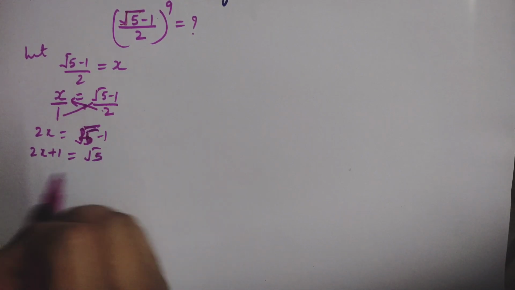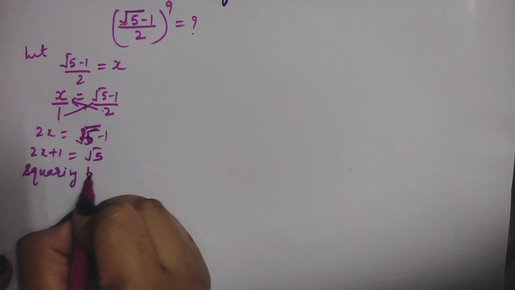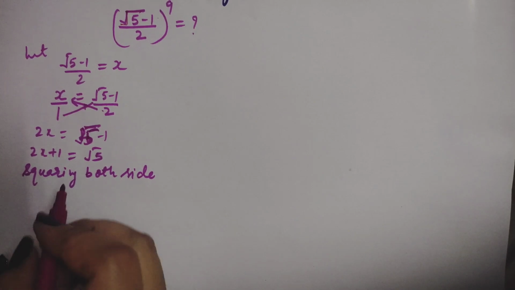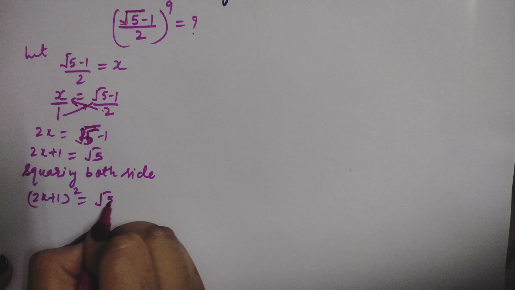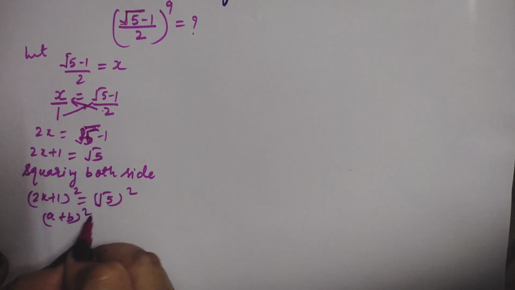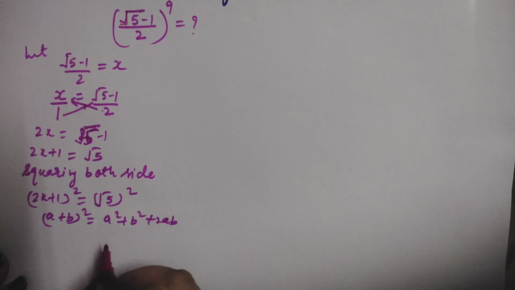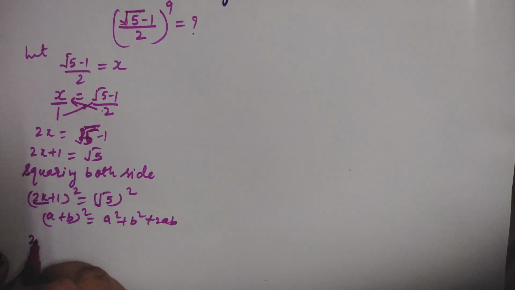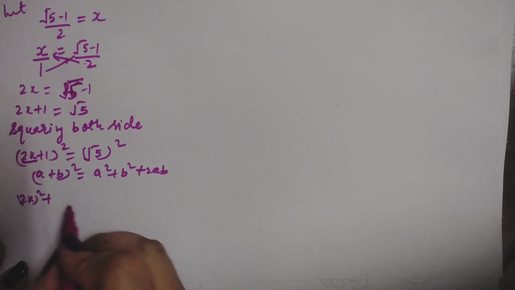Now squaring both sides: 2x plus 1 whole square equals root 5 square. We use the identity a plus b whole square equals a square plus b square plus 2ab, where a is 2x and b is 1.